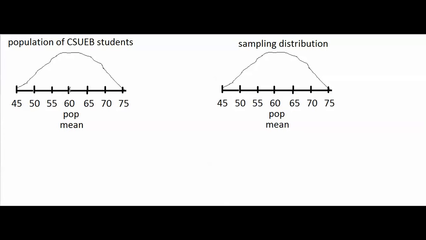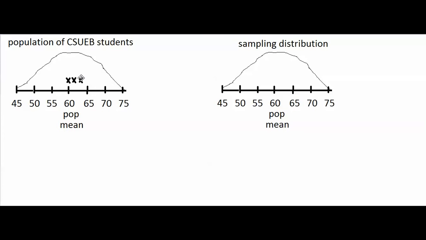Now, let's imagine that I select 4 Cal State East Bay students and I record their heights. And let's also imagine that I get one student who's 60 inches tall, right here. I get one student who's 62 inches tall. I get one student who's 64 inches tall.